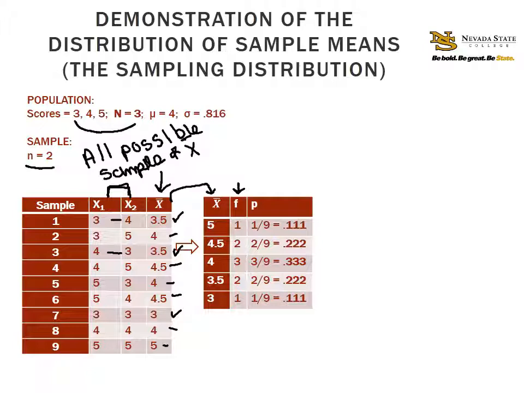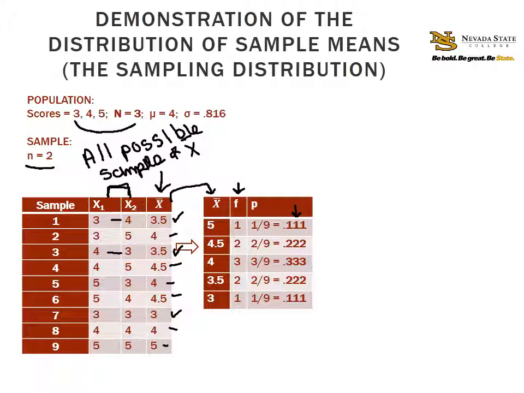Then this p-value tells you the probability that if you took a random sample of 2 from this population, it would have each of these means. There's 11.1%, if we multiply by 100 to get a percentage, chance that if we randomly took a sample of 2 from this population, that mean would be a 5.